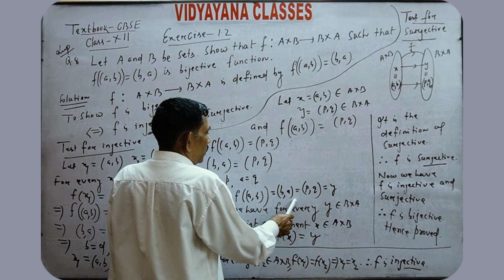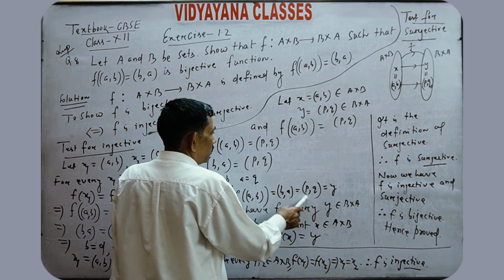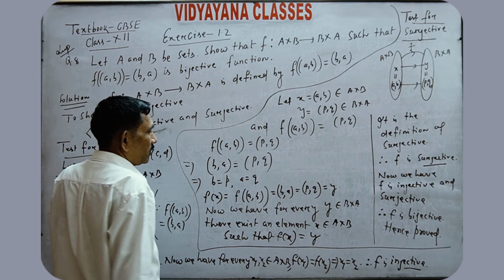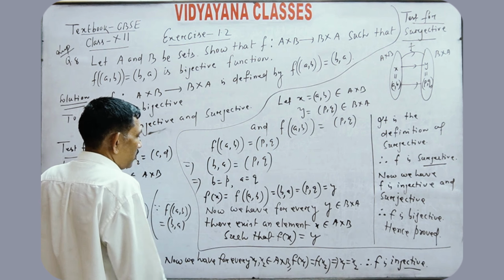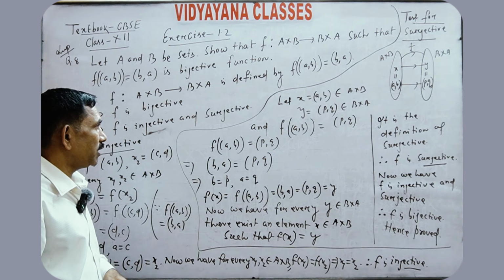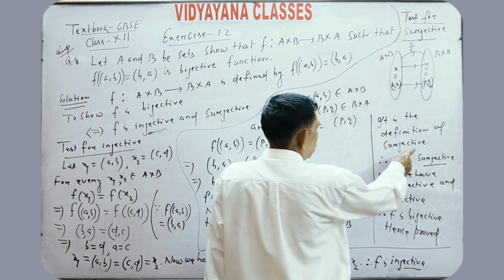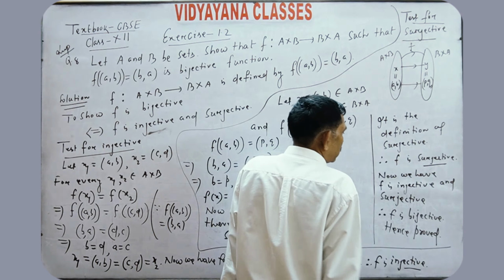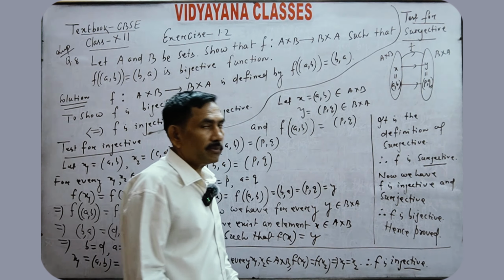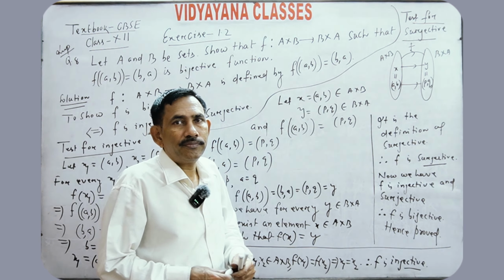B is equal to P, A is equal to Q, but this value is y. Now we have for every y belongs to B cross A, there exists an element x belongs to A cross B so that fx is equal to y. It is the definition of surjective, therefore F is surjective. Now we have F is injective and surjective, therefore F is bijective.